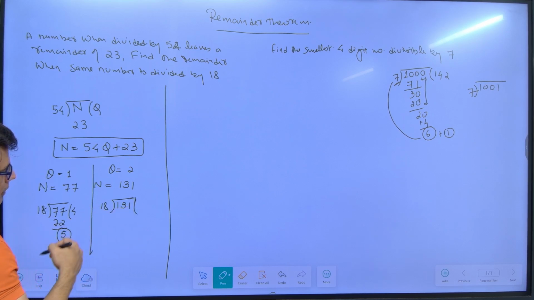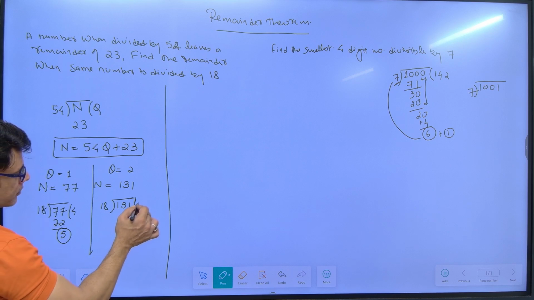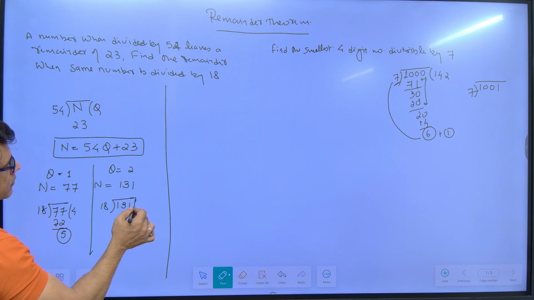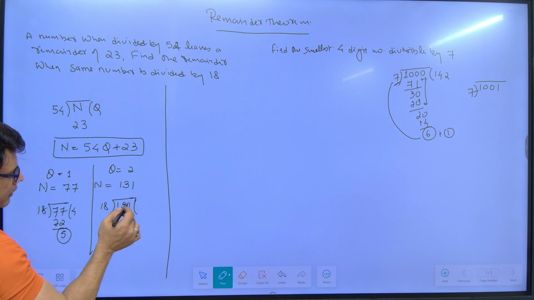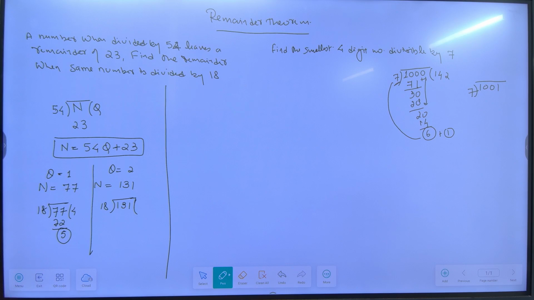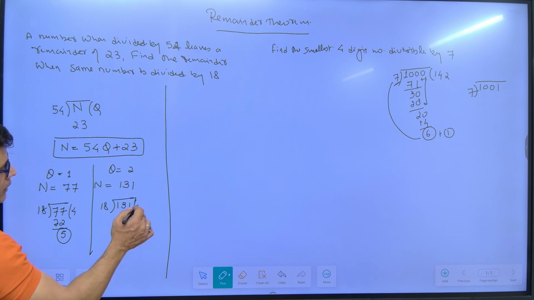So 18 8s are 144, 18 9s are 162, so 18 7s are 126.